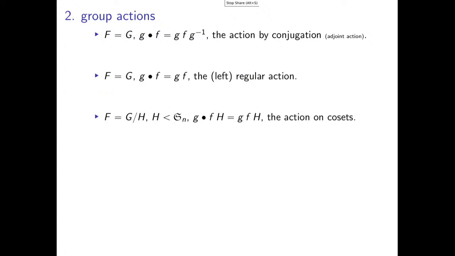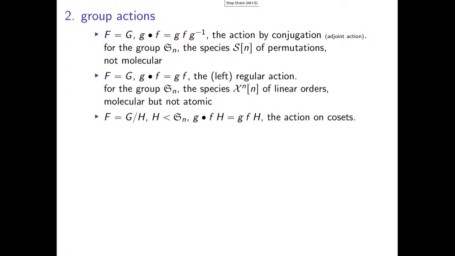The action by conjugation, or adjoint action, is for the symmetric group just the species of permutations. We saw this actually. Then the left regular action is just the species of linear orders. And then there is a relatively generic way: the action on cosets is the quotient species. So it's just a name, but it helps you because you can draw pictures actually.